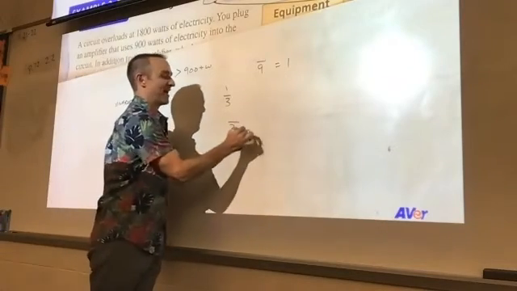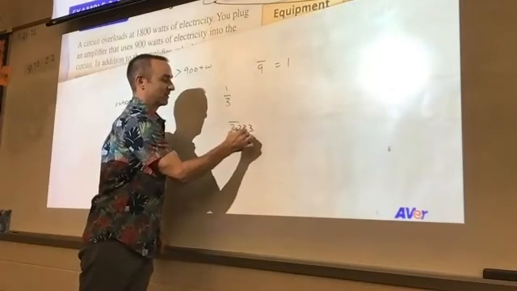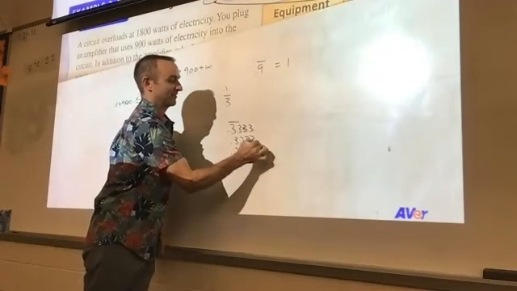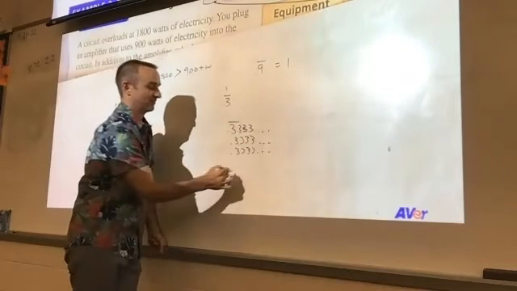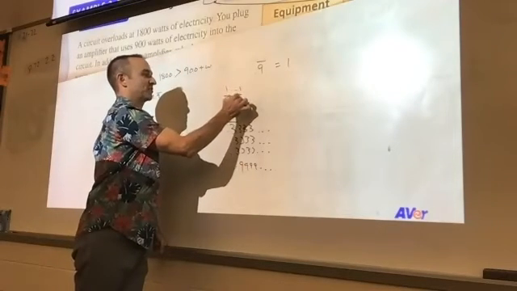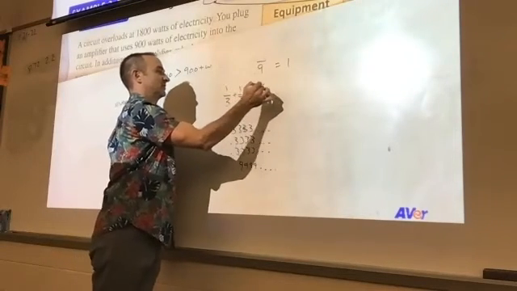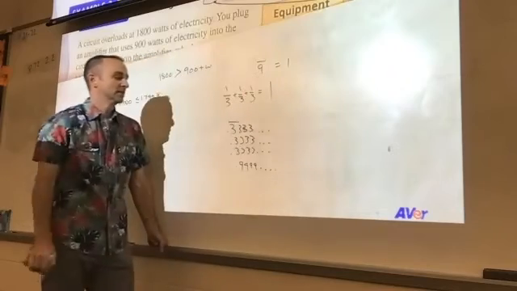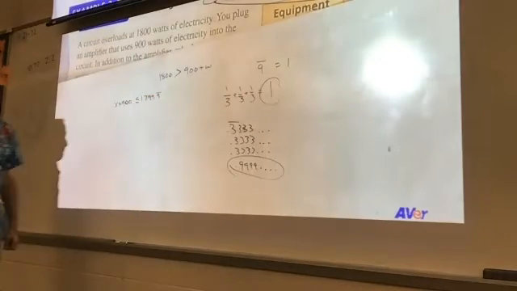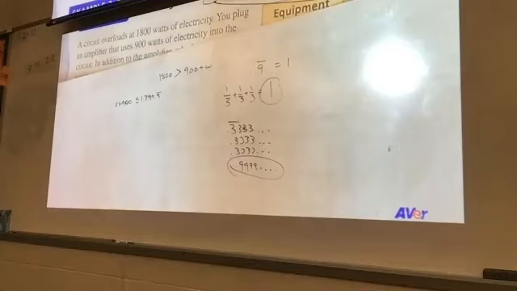Okay, if I add 0.3 repeated and 0.3 repeated and 0.3 repeated, what does that give me? 0.9 repeated. What's 1/3 plus 1/3 plus 1/3? 3/3, which is 1. So 0.9 repeated is equal to 1.